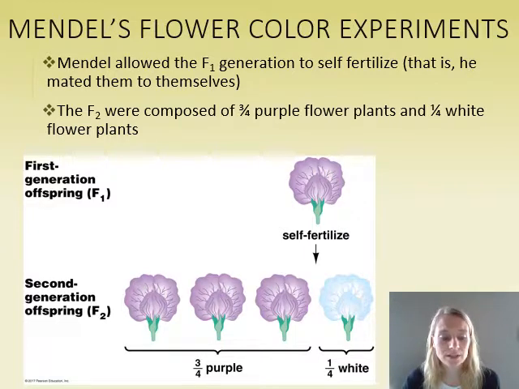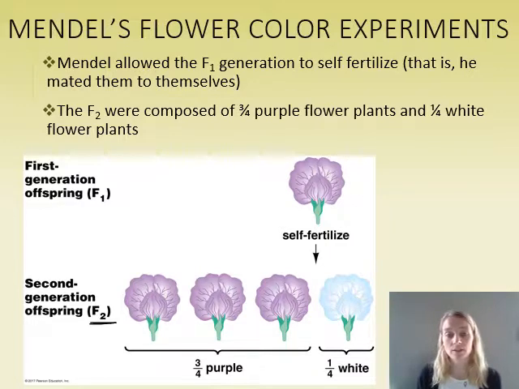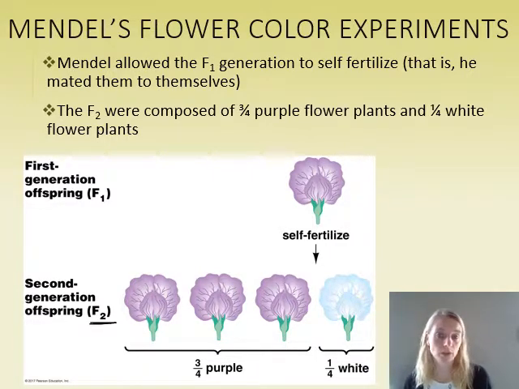And what he noticed in the F2 generation was that white color came back out, but it wasn't in an equal proportion. He saw that about 75% of the flowers were purple, with only about 25% of the flowers white. So it kind of skipped a generation.